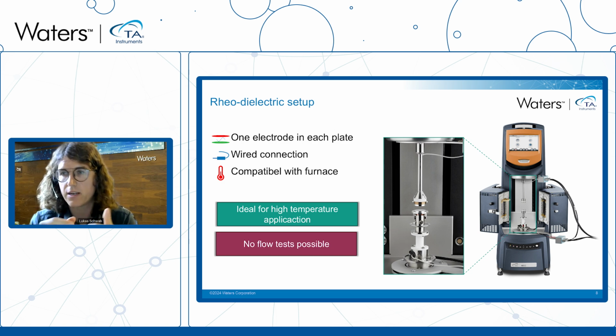So basically, we cannot do flow tests with such a setup with wires while doing dielectric spectroscopy or impedance spectroscopy. But that's exactly what we want to do with the setup to get information about our slurry during production.